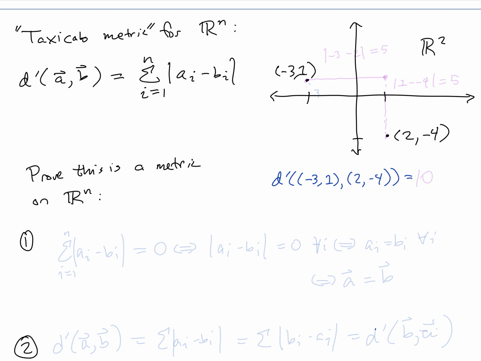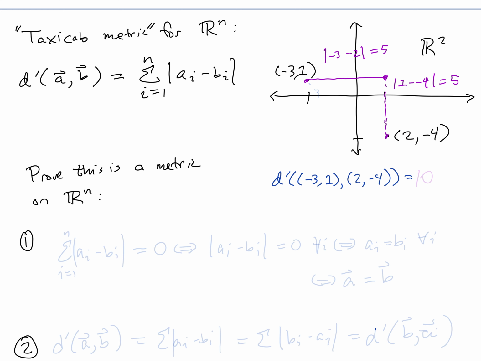So, for example, if we were talking about the distance between the point (negative 3, 1) and the point (2, negative 4), the distance in x is going to be negative 3 minus 2 in absolute value, which is positive 5. The distance between those 2 points in the y dimension is going to be the absolute value of 1 minus negative 4, so that also happens to be positive 5 in this case.